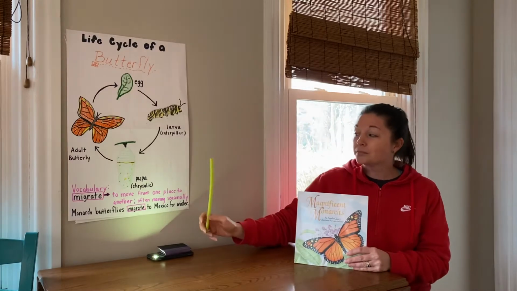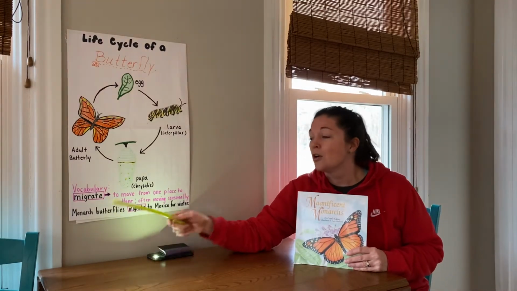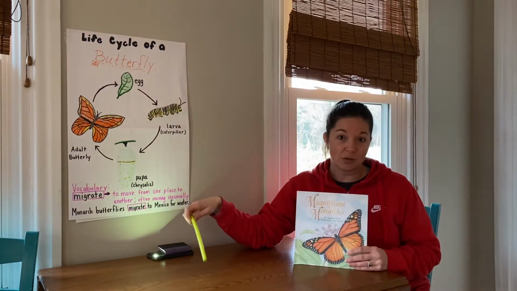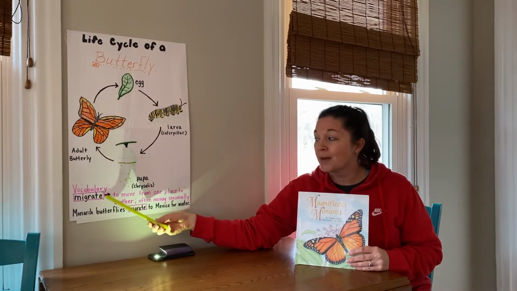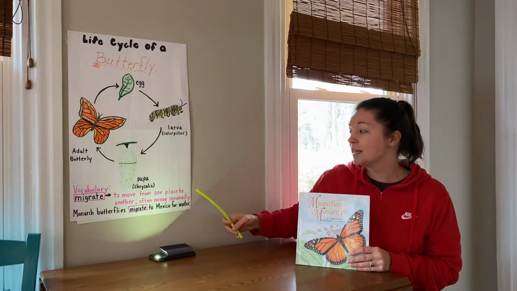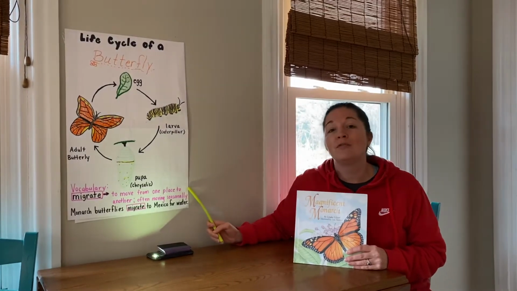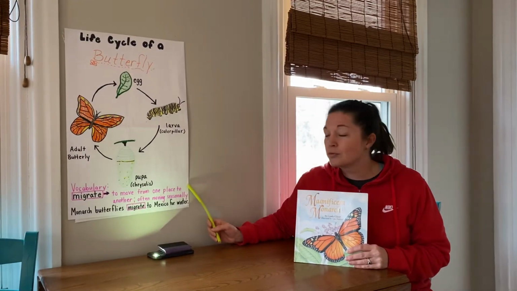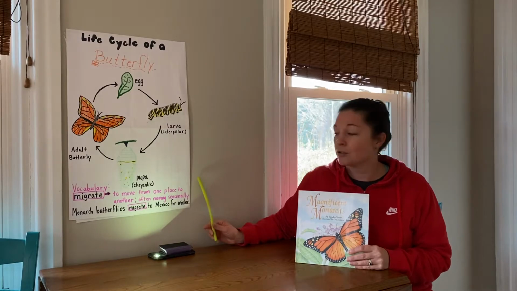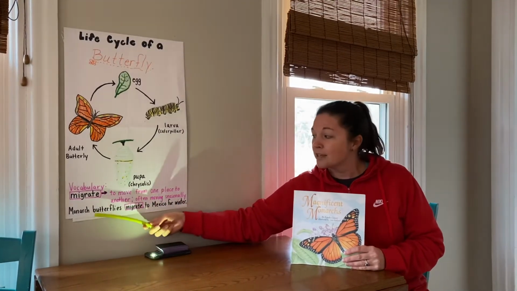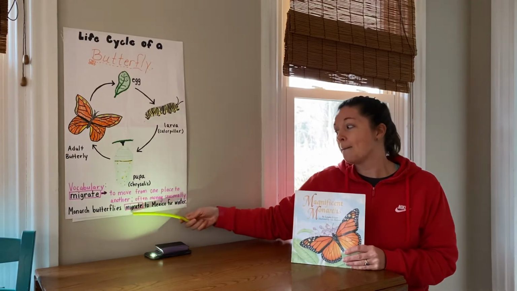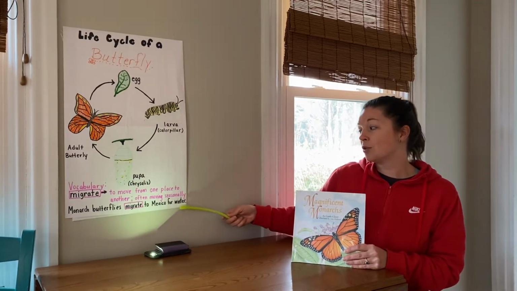One word we are going to learn while we are reading the story, and think about, is called migrate. The vocabulary word migrate means to move from one place to another, often moving seasonally, through the seasons like spring, summer, winter, fall. A sentence that goes along with our story is: monarch butterflies migrate to Mexico for winter.